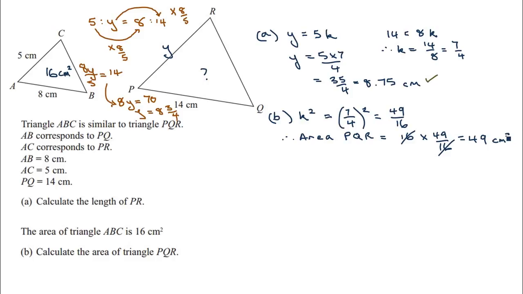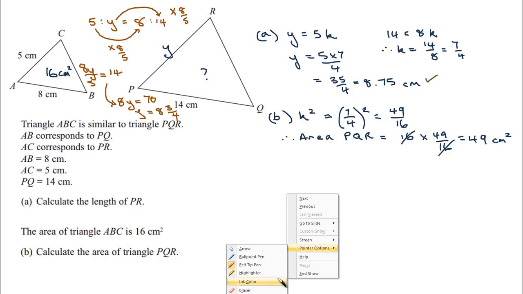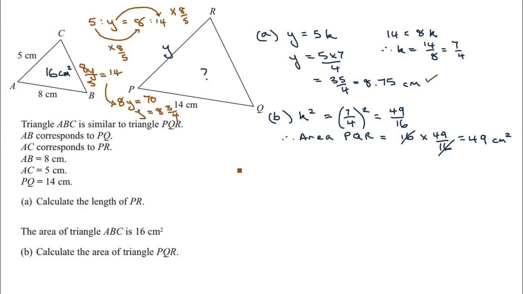Okay, that completes the question, but let's again do a check, and I'm going to do a check by calculating the area using the area formula as suggested in the examiner's remarks. Let's do it in a different colour, and we've got to use the area of, well, let's start with ABC.